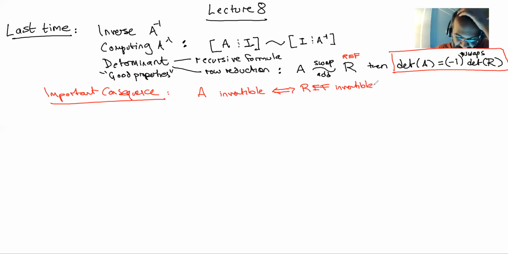Because invertibility has to do with the number of pivots, which is true if and only if its determinant is not 0, because we know how the determinant works for upper triangular matrices. But then by this formula, this is true if and only if the determinant of A itself is not 0. So we fulfilled our quest of finding a function that tests whether a matrix is invertible. That's the determinant.